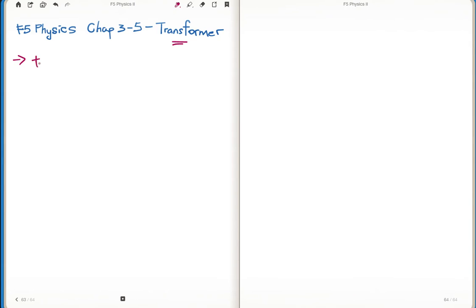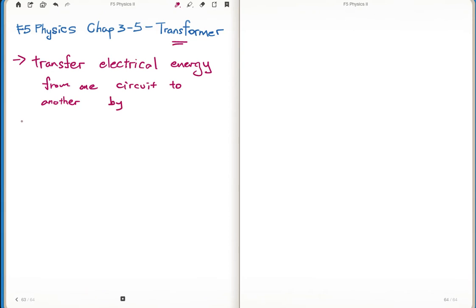It's a device used to transfer electrical energy from one circuit to another by electromagnetic induction.